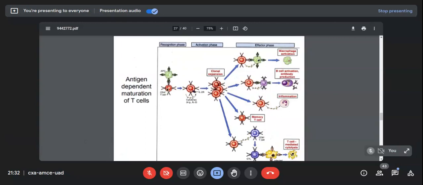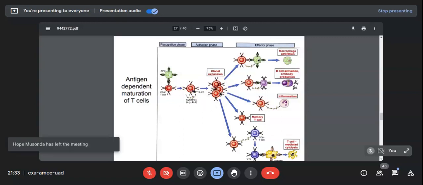Okay, so just take note, the matured T cell as well will encounter an antigen. When it encounters an antigen, some cytokines will be secreted. If it's a CD4 T cell, remember when I said the CD4 T cell is also called the helper T cell, isn't it? It will secrete cytokines first of all. An example of a cytokine it can secrete is interleukin 2, which will go and activate the B cells and most cytotoxic T cells, or itself it will do a clonal expansion, meaning making more copies of itself.